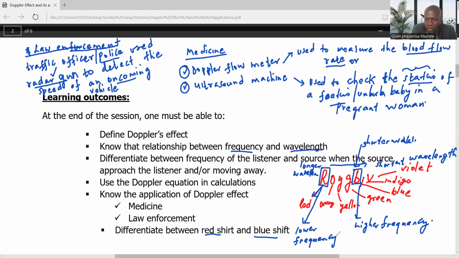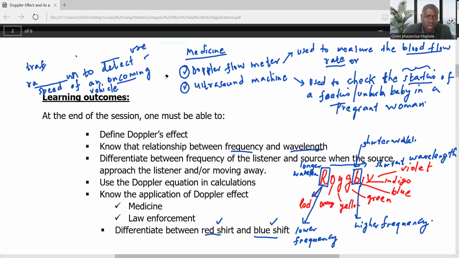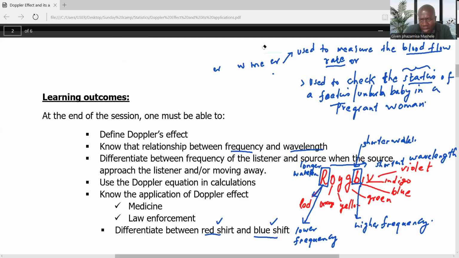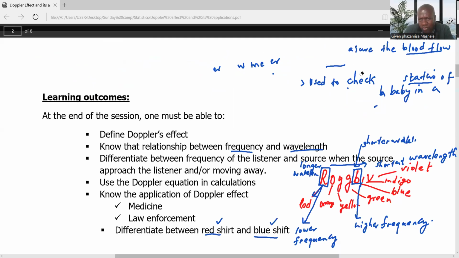If we are talking about the red shift and the blue shift, we want to apply the Doppler effect to light, and see how the red shift or the blue shift occurs when observed from Earth.